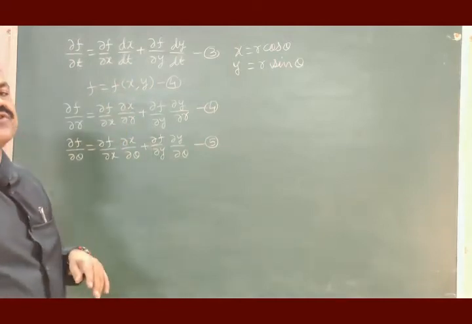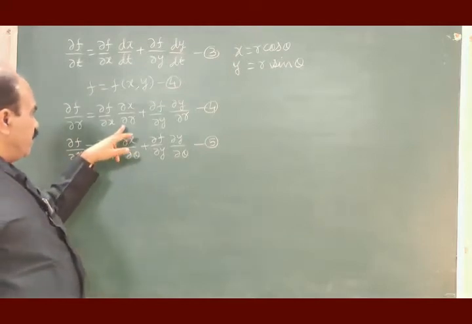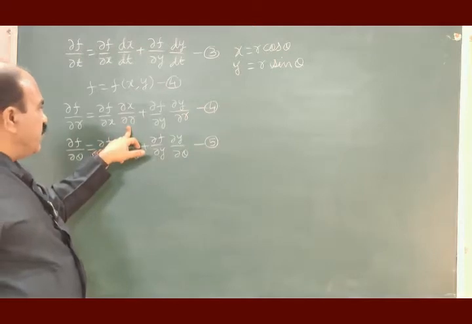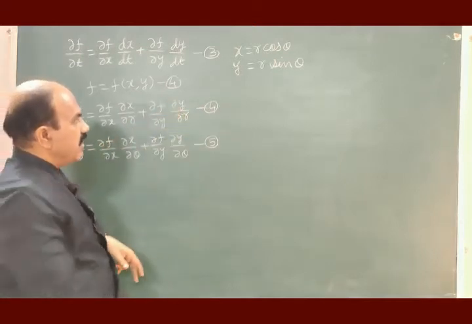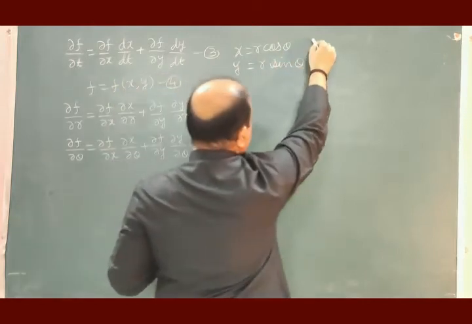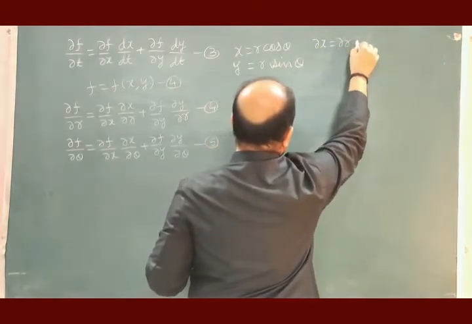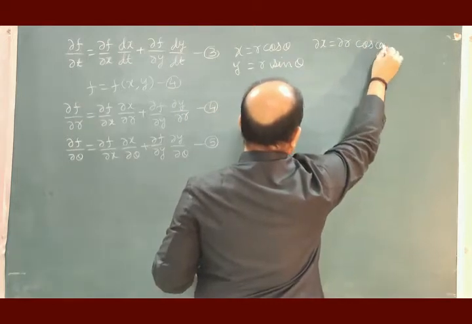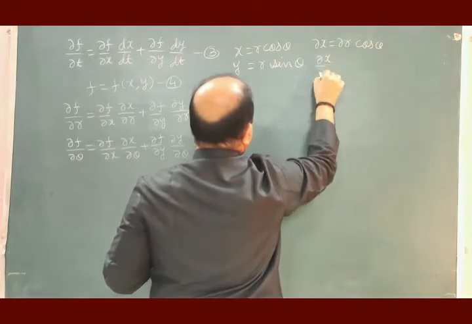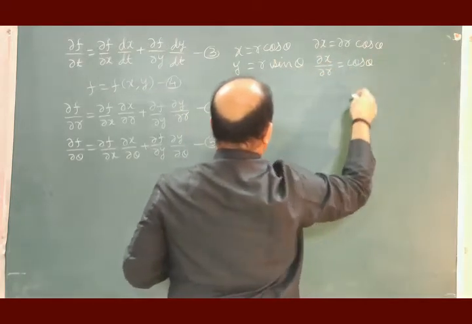Let us modify equations 4 and 5. To modify equation 4, we shall see value of dou x by dou r, dou y by dou r. What will be dou x by dou r from this? Dou x is equal to dou r cos theta, or further dou x by dou r is equal to cos theta.